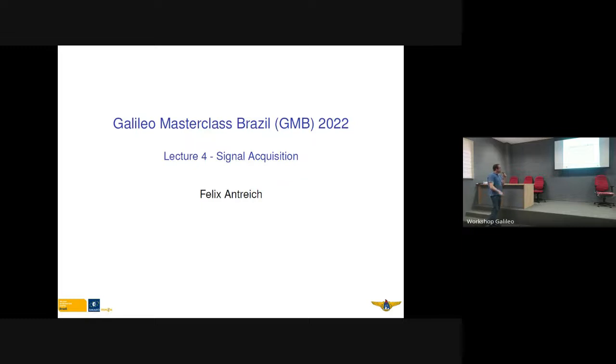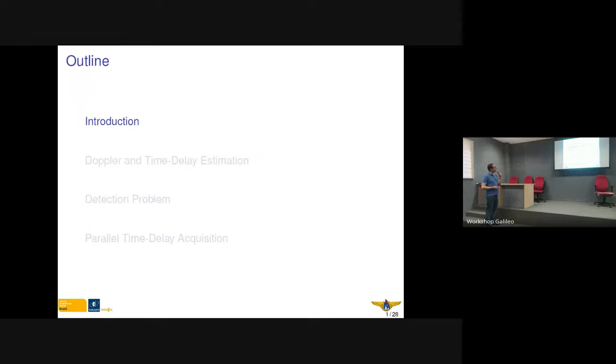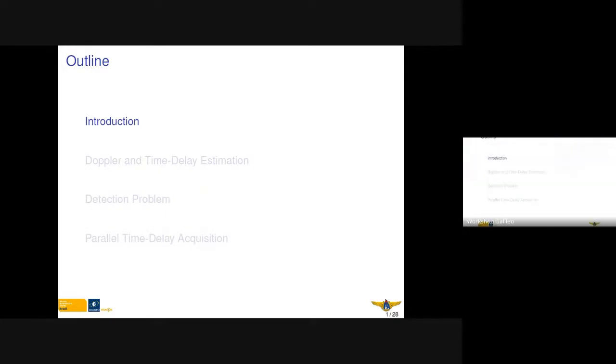So today we will introduce the first, let's say, part of the signal processing in a GNSS receiver, which is acquisition. I will talk a little bit about acquisition and how it's related to the other parts in the introduction. Then we talk about Doppler and time estimation, so joint Doppler and time estimation, which is vital for acquisition.